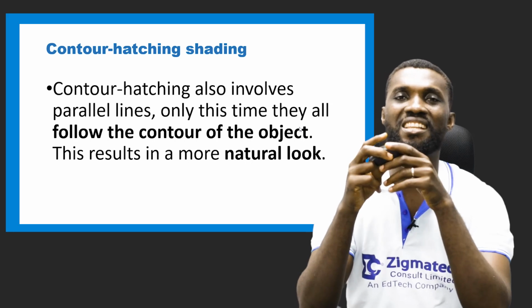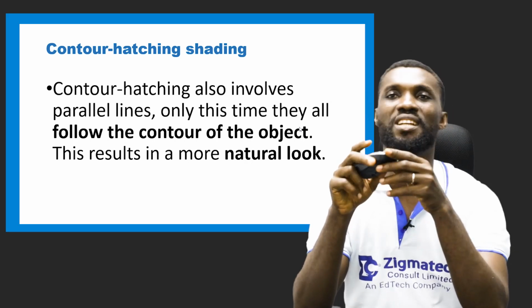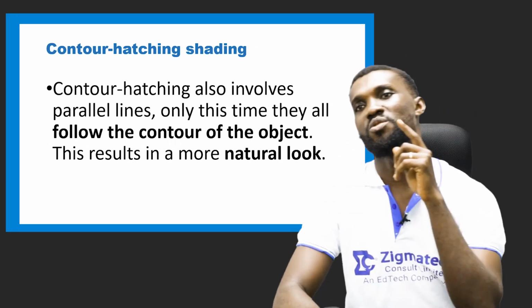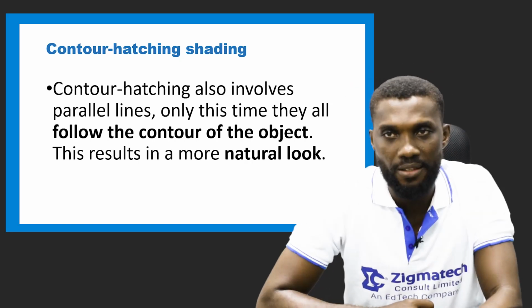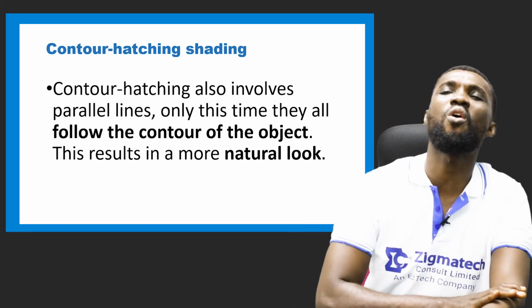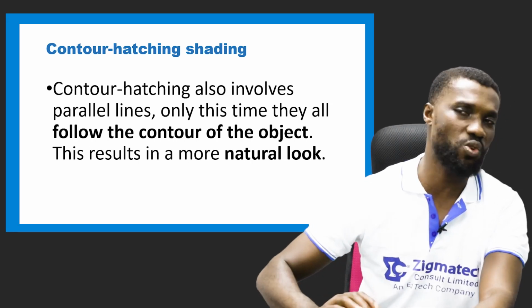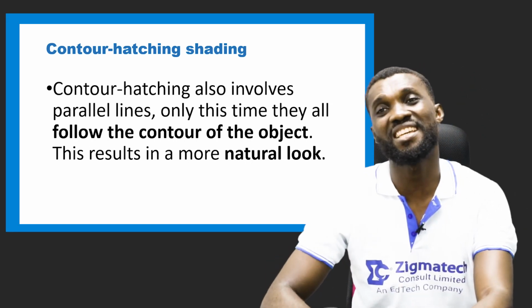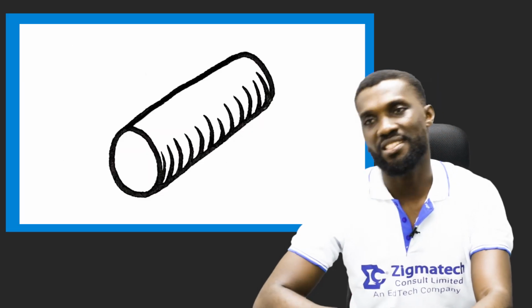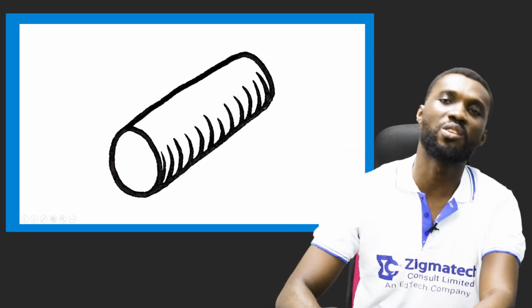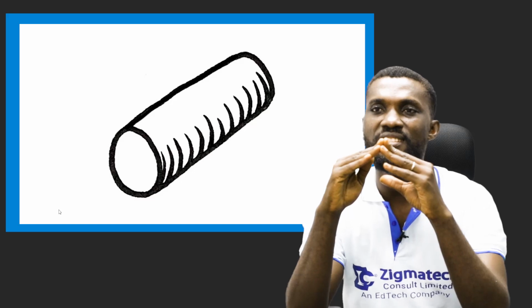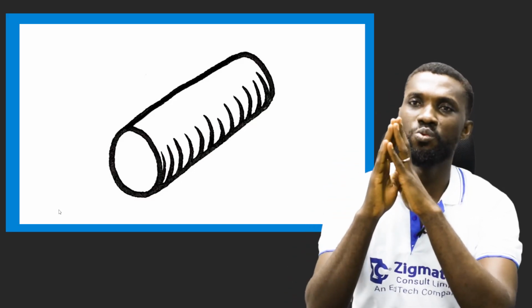So these are the methods and the ways in which you can actually achieve the chiaroscuro state. The result is a more natural look. If you follow the contour of things, the result will show you a more natural look as against shading flat. So this is exactly what I'm talking about. Now look at this image. The artist followed the contour. The contour of the wood is round.